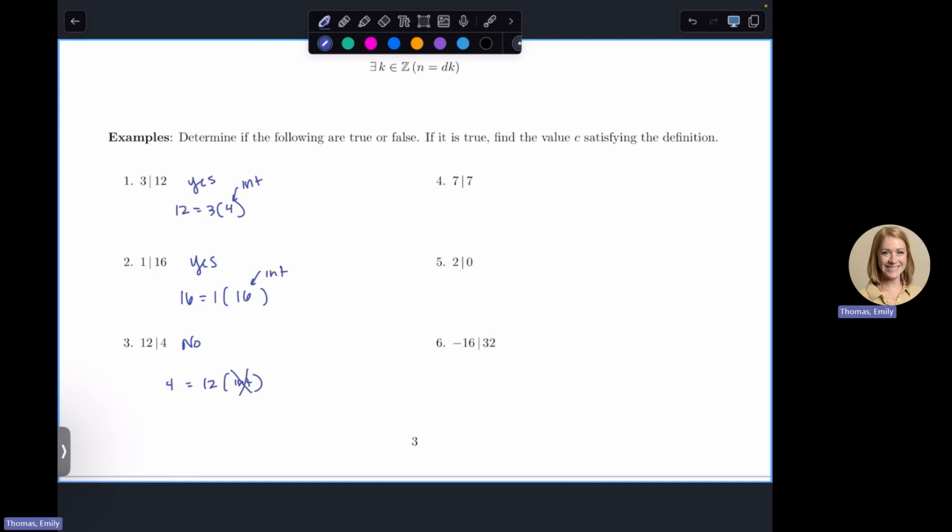Okay, does 7 divide 7? Yes, 7 is equal to 7 times 1. That thing is an integer, so we're good to go. Does 2 divide 0? No. Actually, yes. 0 is equal to 2 times 0, and that's an integer, so it's okay.